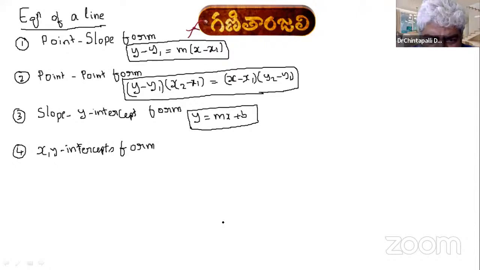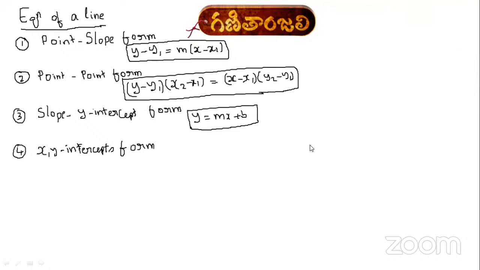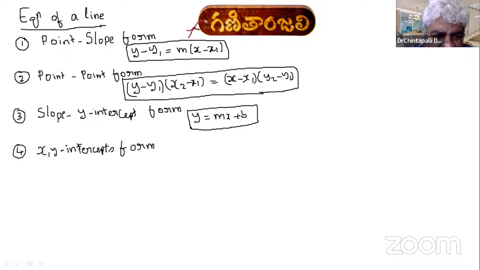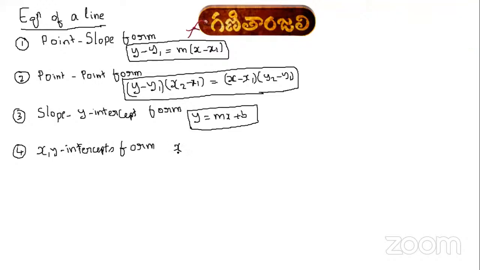Chandrika? No. Who is that last student? Sureka, sir. Oh, very good. Bindu, are you there? So many students have attended today. Sureka, can you tell what is the x-y intercept form? Intercept form: x by a plus y by b is equal to 1.